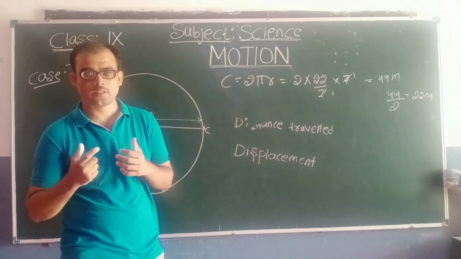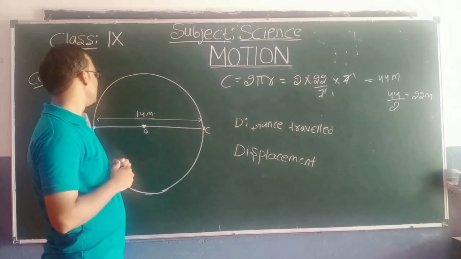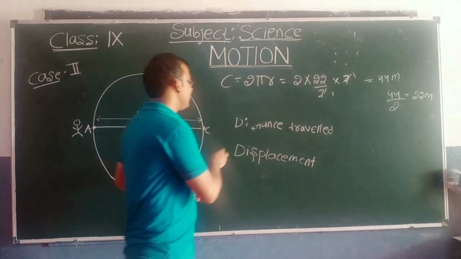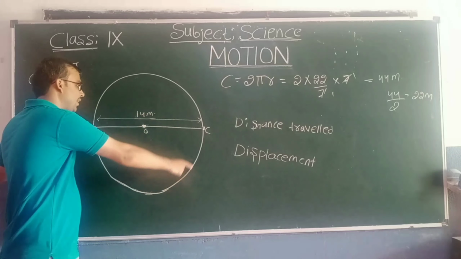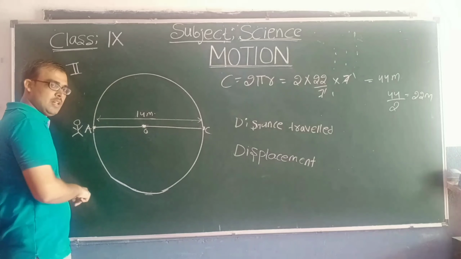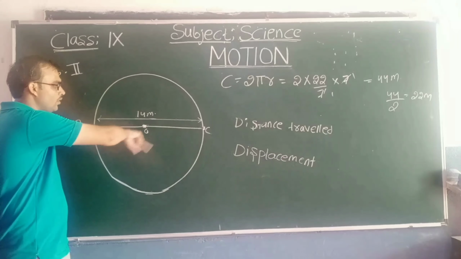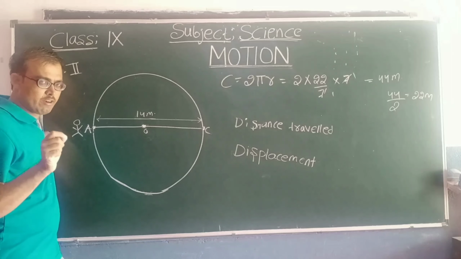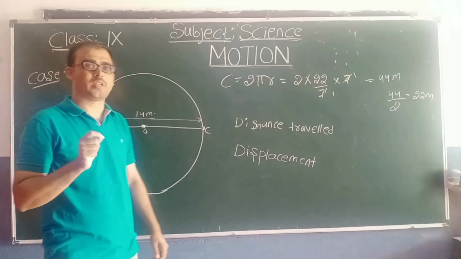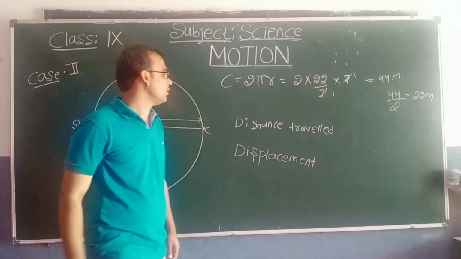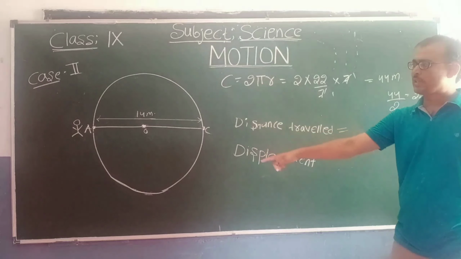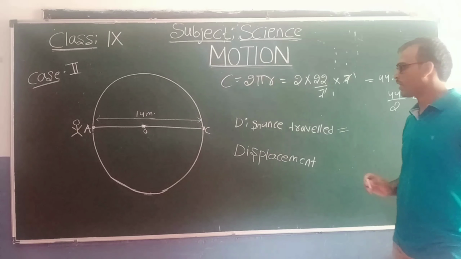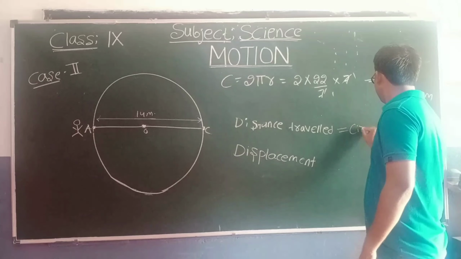Then what is the distance traveled in this case? As he has covered a full circle, the distance traveled by the person is equal to the circumference of the circle.